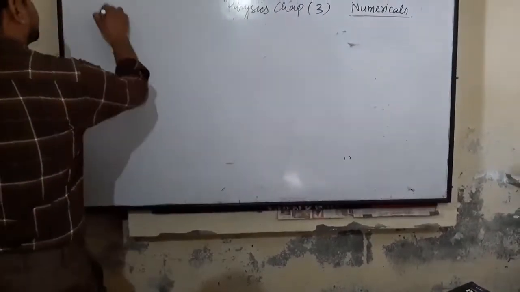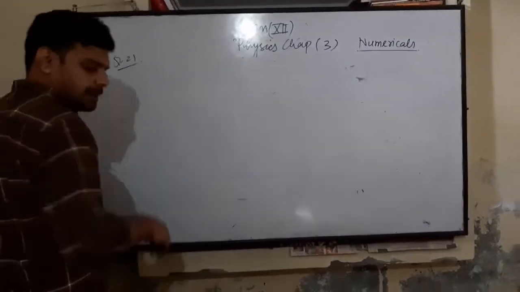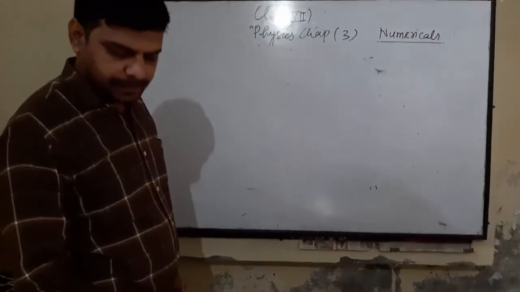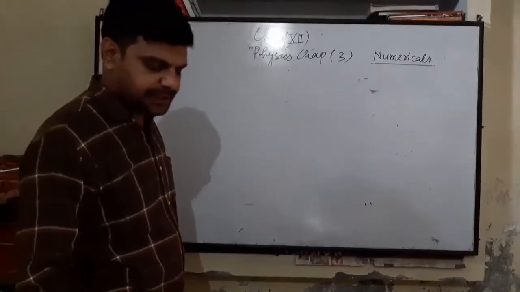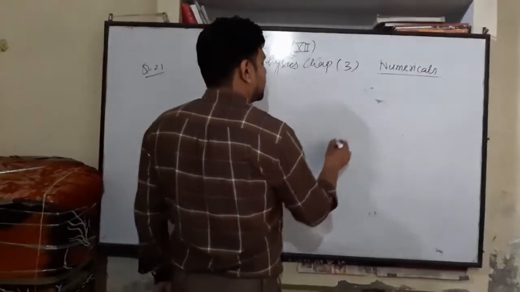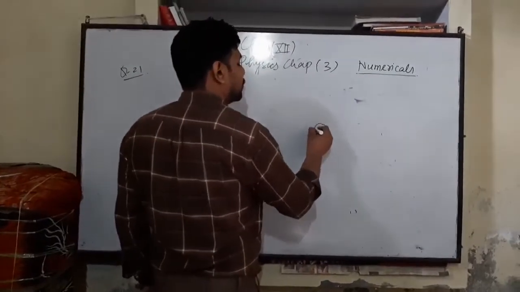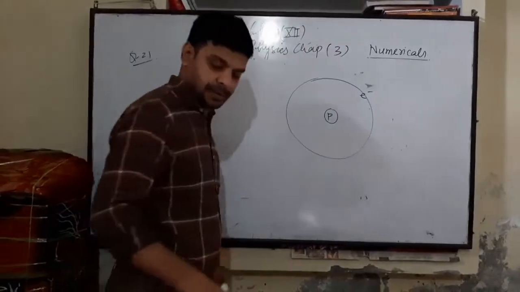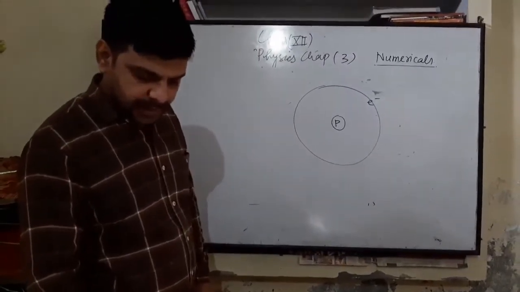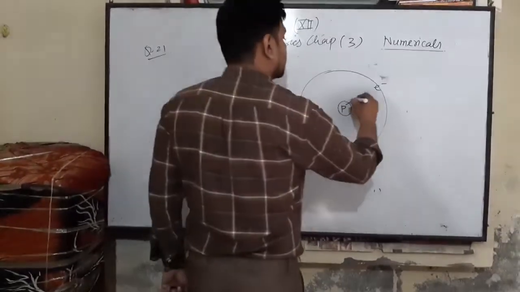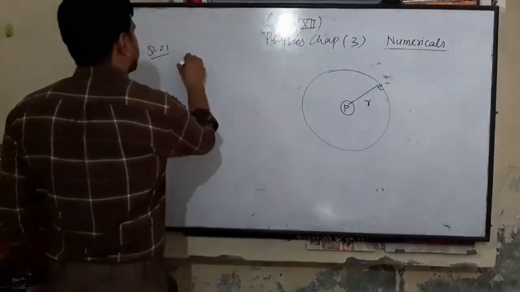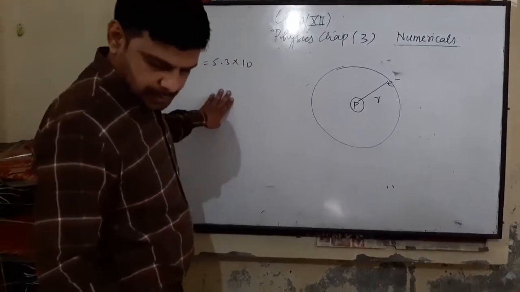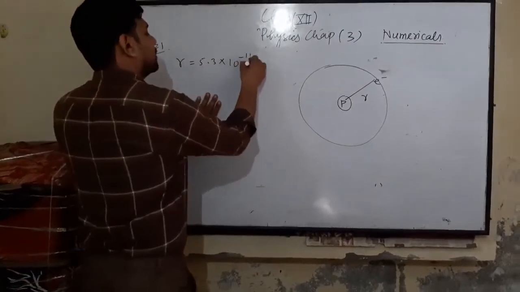Now question number 21. An electron is circulating around the nucleus of a hydrogen atom in a circular orbit. This is a hydrogen nucleus having only one proton, and this is the electron revolving in a circular orbit of radius 5.3 into 10 to the power minus 11 meter.